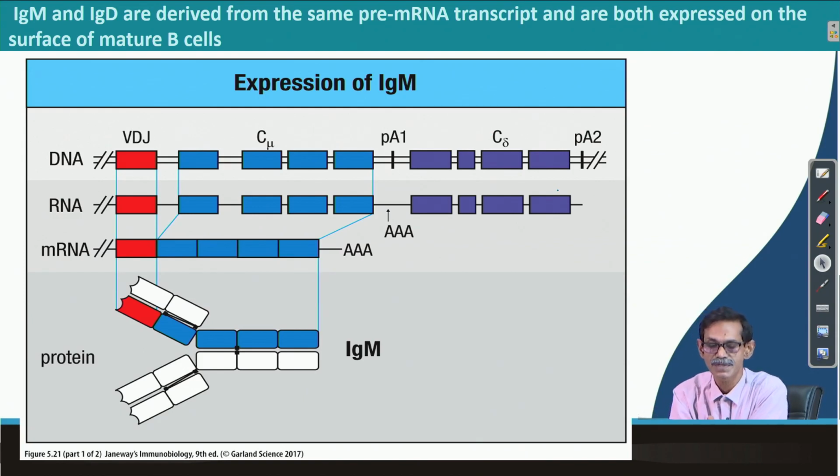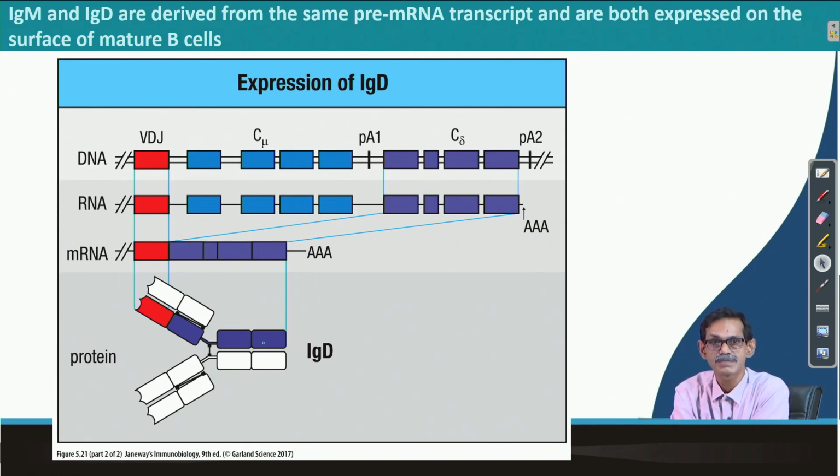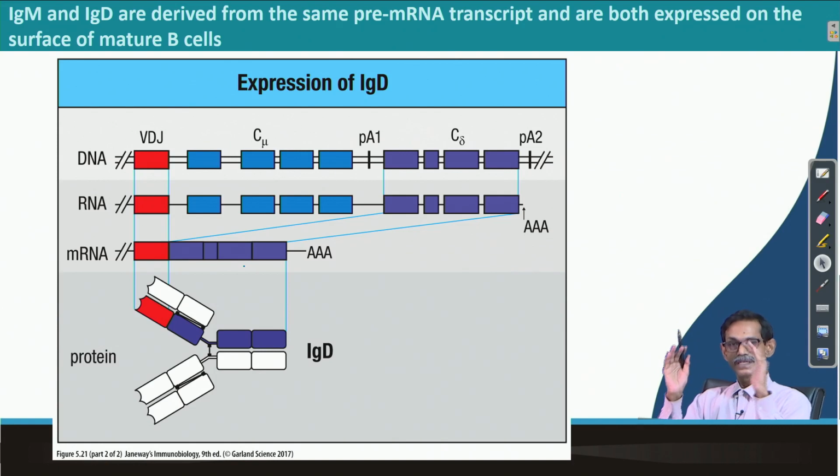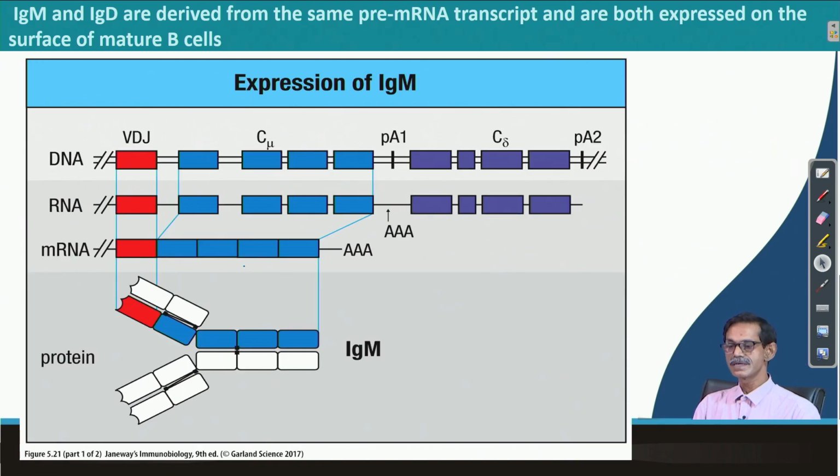Here 1 and 2 combine and give IgM. In another case, 1 and 3 come together, 3 meaning the C delta constant domain, and 1 and 3 make IgD. So, there is one promoter, they are so close in the genome, and one precursor RNA gives two products.